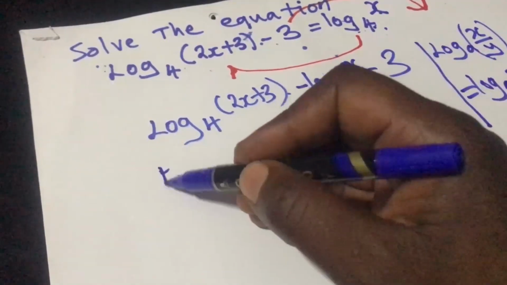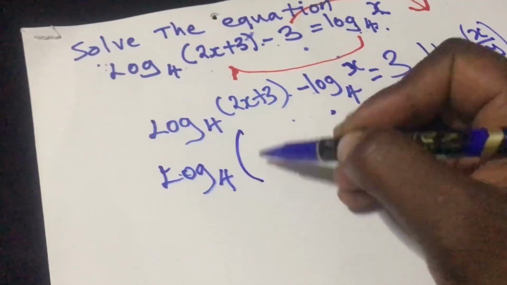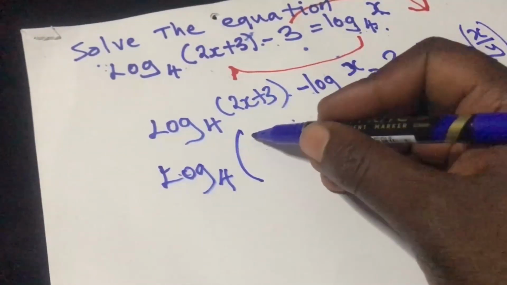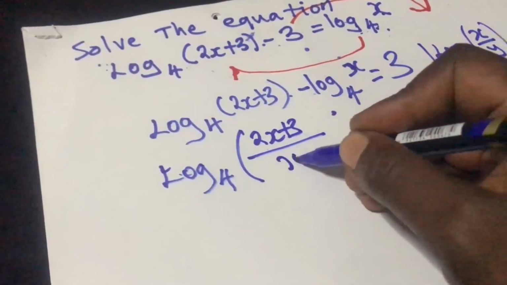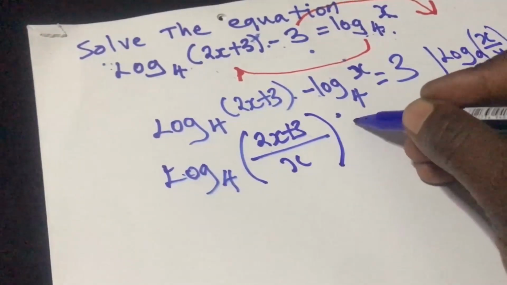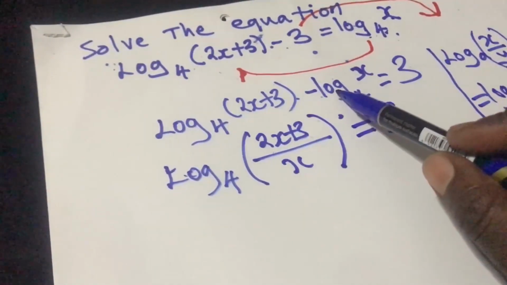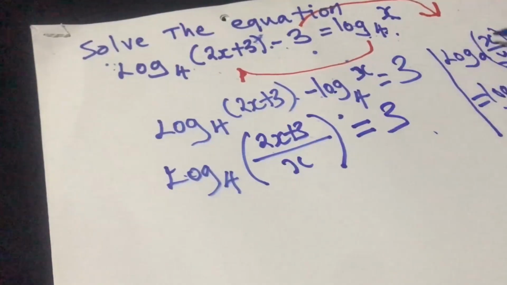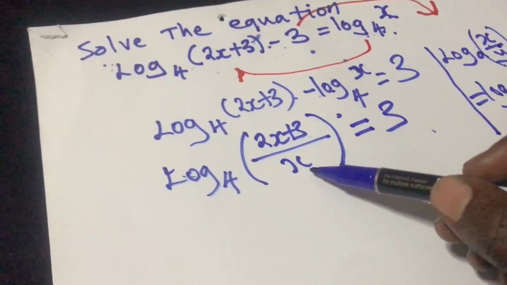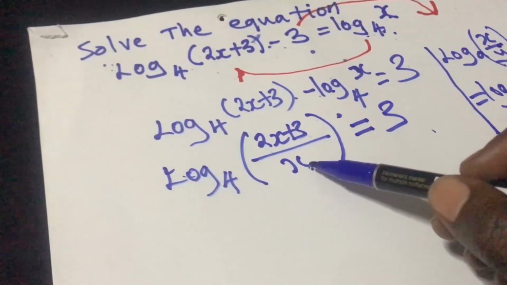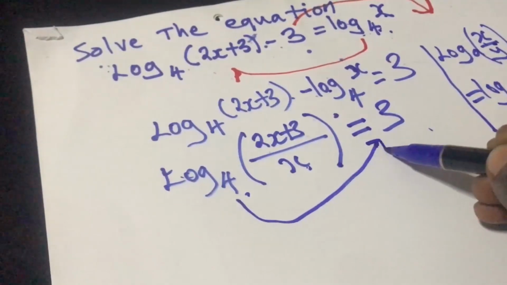So you are going to say log base 4, then you are going to divide these. You are going to say (2x plus 3) over x. This one will be equal to 3. So we've changed this using this rule. Once you've reached this particular point, you want this 4 to push the 3, isn't it?